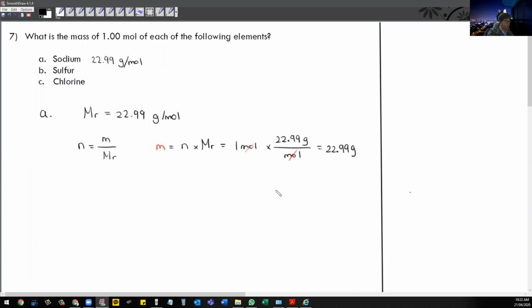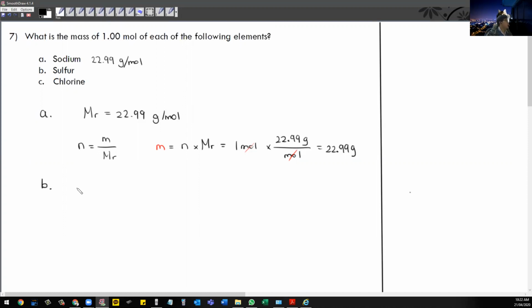I just did it in a more formal way. If the molar mass says there is 22.99 grams in a mole, how much does it weigh? If there's 1 mole, the answer is just 22.99, right? But I just wanted to use that formula to illustrate.